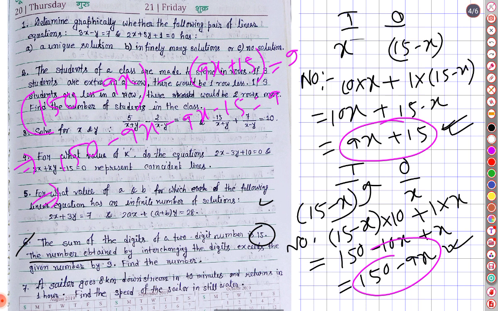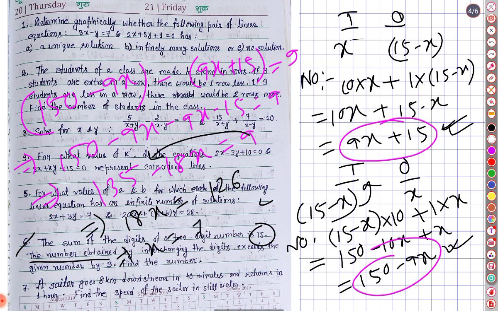So this is equal to 9. So 18x is equal to, now you will come this side, so x will be what? 7.